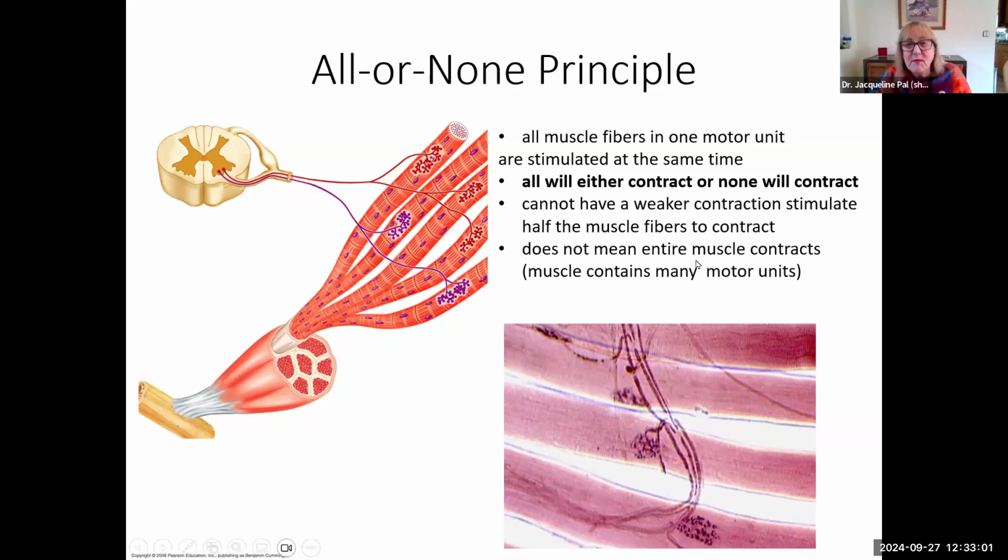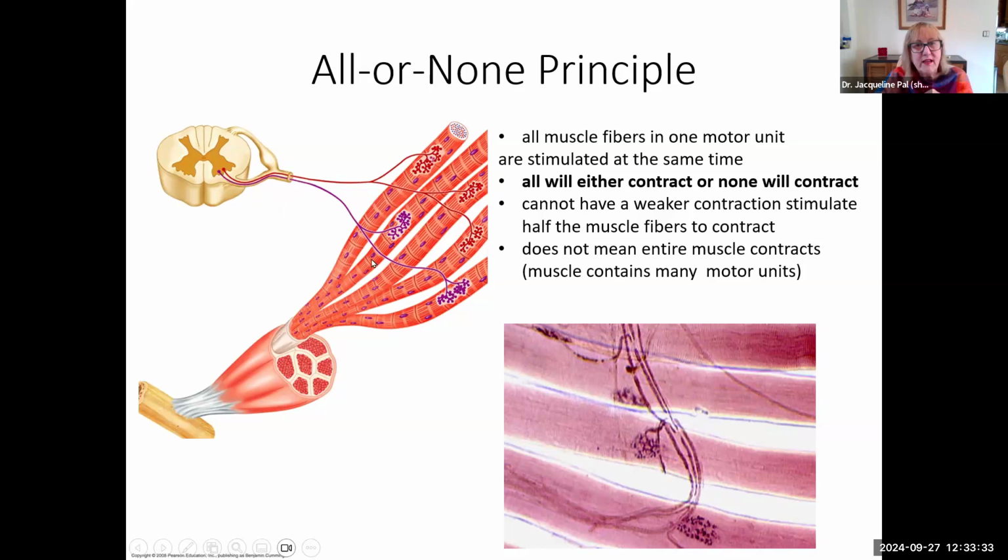This is not the same thing as the entire muscle contracting. It has to do with the motor unit. Okay. So if the impulse is coming down the red, all of these red ones are going to contract. The purple's not contracting, because this part of this muscle has two motor units, a red and a purple.